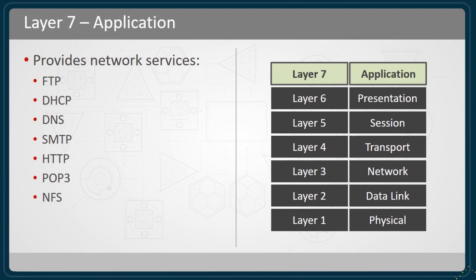But FTP, File Transfer Protocol, DHCP, Dynamic Host Configuration Protocol, DNS, Domain Name System, SMTP, Simple Mail Transfer Protocol, HTTP, Hypertext Transfer Protocol, POP3, Post Office Protocol version 3, and NFS, the Network File System, are all different types of network services. If I want an IP address, I use the DHCP network service to request an IP address.